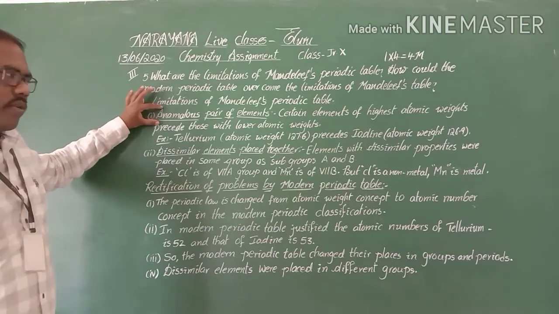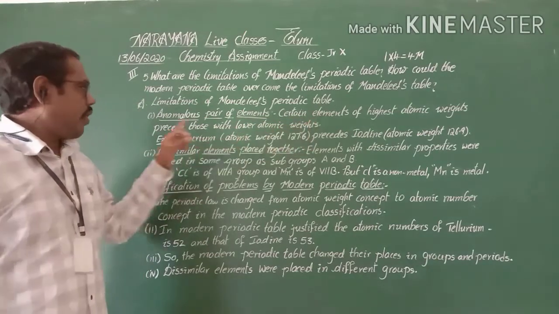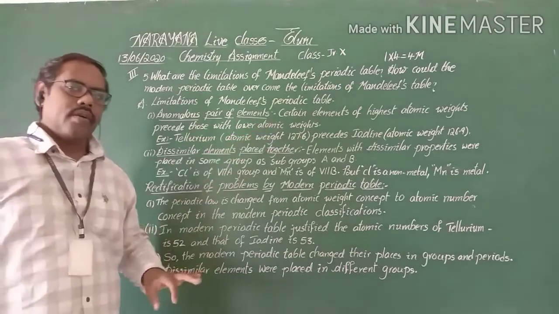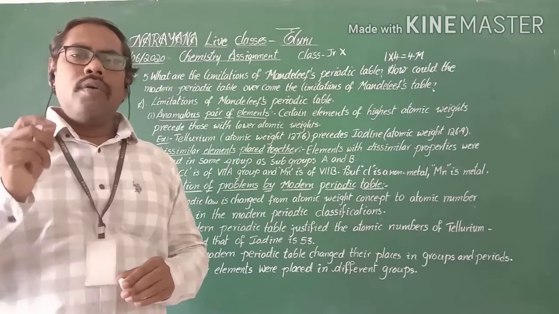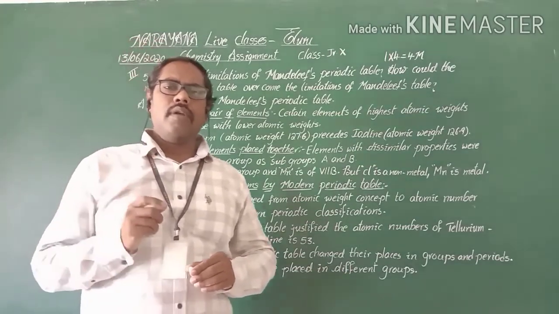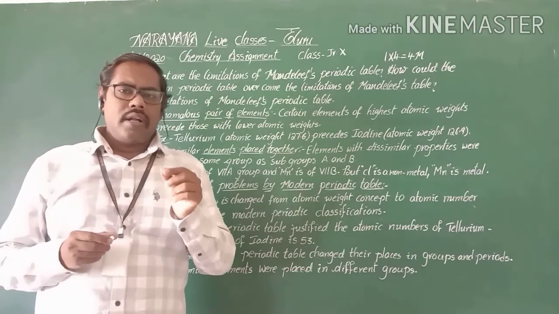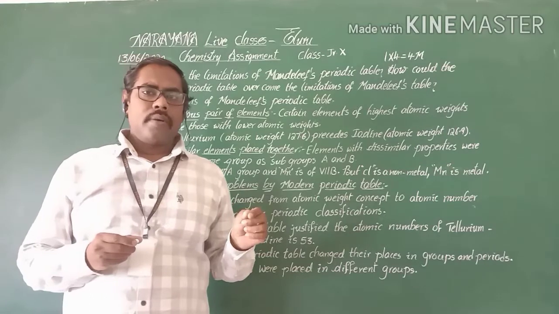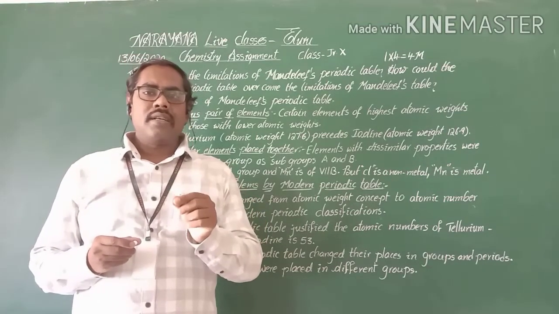What is that? Certain elements of higher atomic weight precede those with lower atomic weight. Mendeleev arranged the elements in the periodic table in the increasing order of their atomic weight. But in the case of three pairs of elements, he reversed the order.